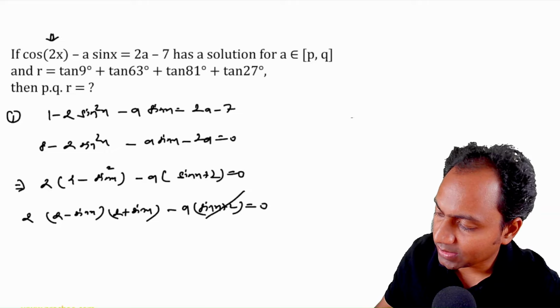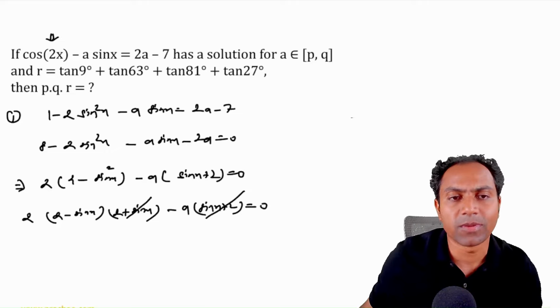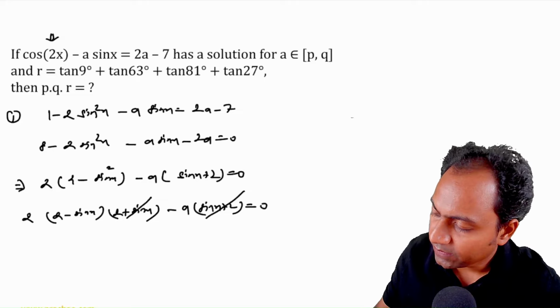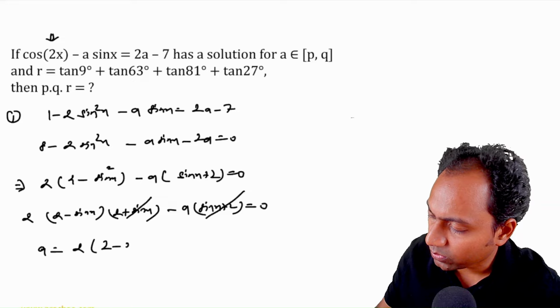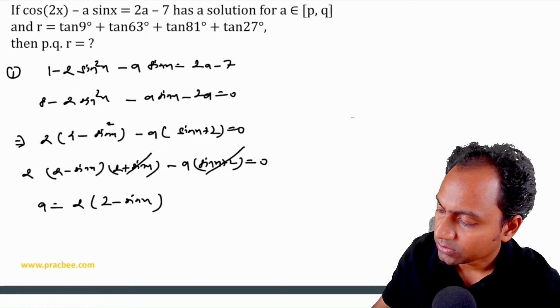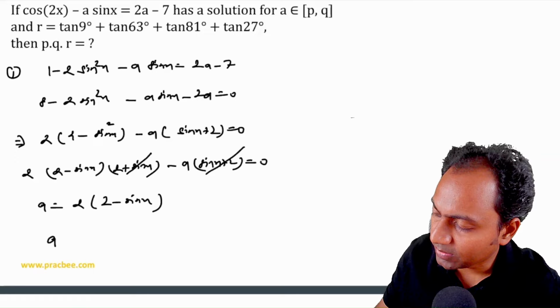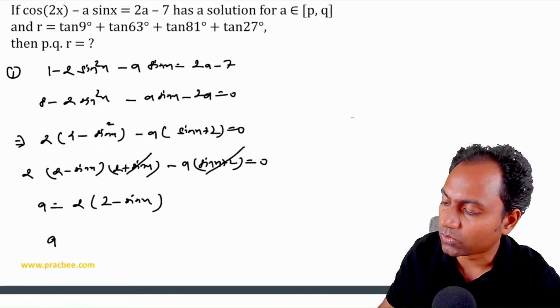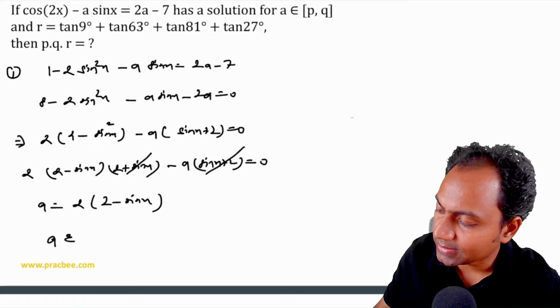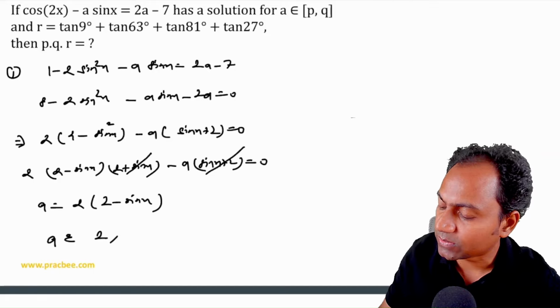So you can see that we can cancel out this part because sine x can never be equal to minus 2. If I simplify this now, you can see that the value of a is nothing but 2 into 2 minus sine x. So the range of a, the minimum value will come when sine x becomes equal to 1. And in that case, it will become nothing but 2. And the maximum will come when sine x becomes minus 1. So it becomes 3 into 2, 6.